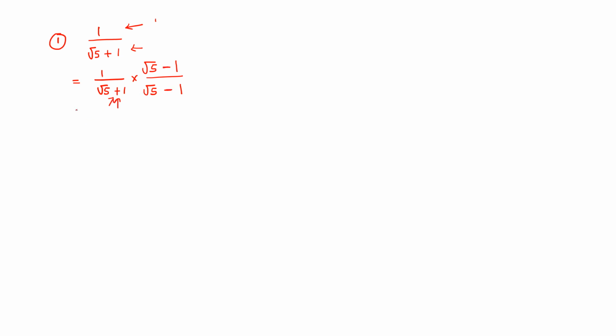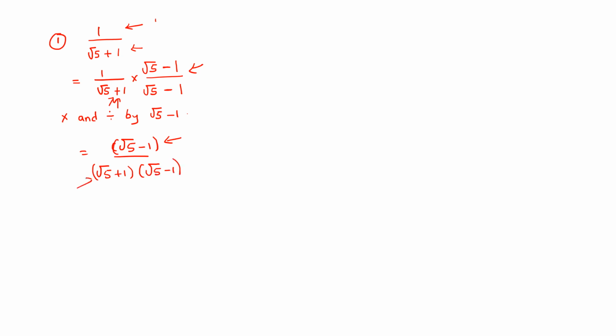Now in some textbooks they will say multiply and divide by the conjugate, or multiply and divide by root 5 minus 1. That is what I have done here. So now what happens, 1 into anything is root 5 minus 1. This happens in the numerator, and in the denominator you have root 5 plus 1 in a bracket, and this is root 5 minus 1.